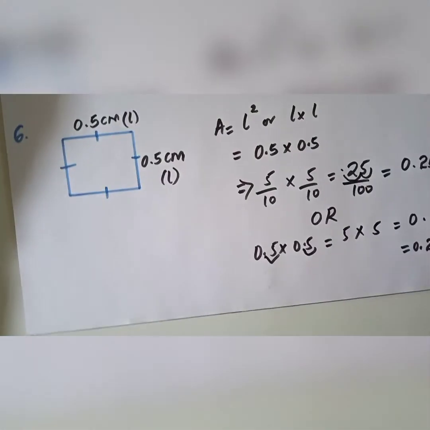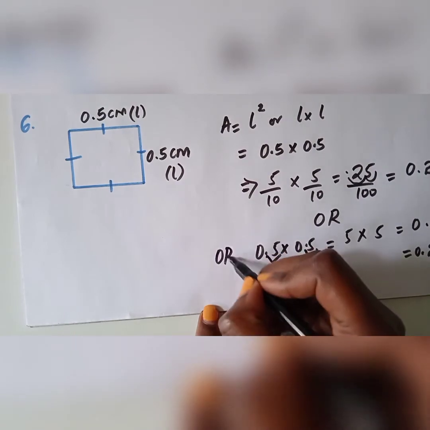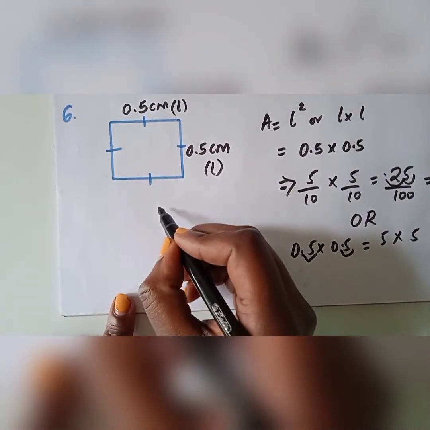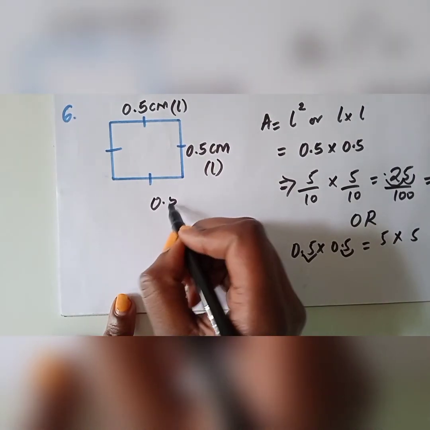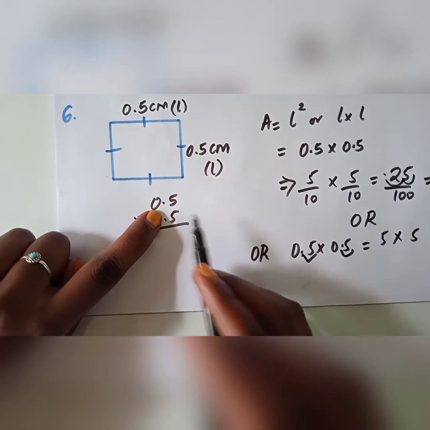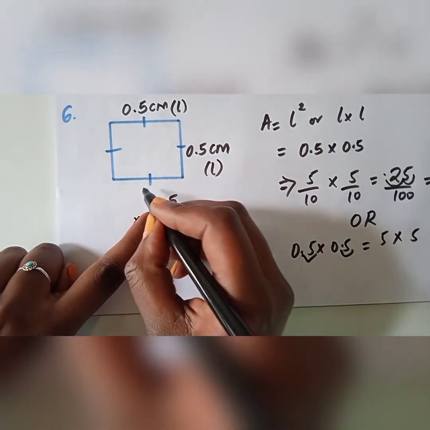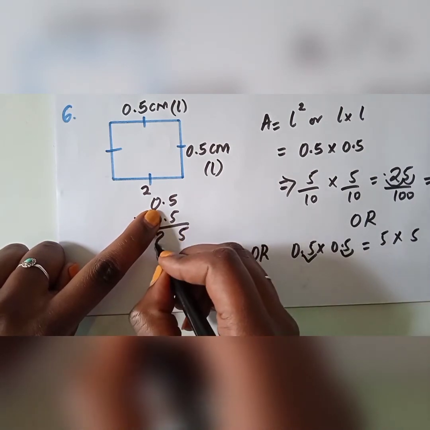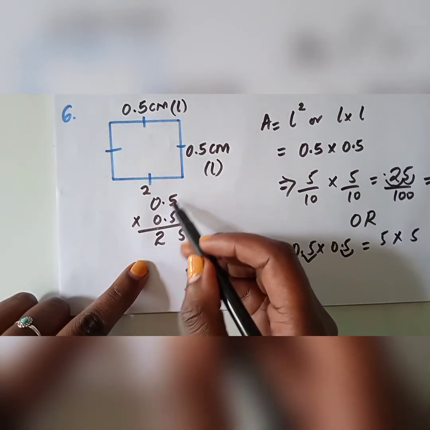Or, again, you can do long multiplication, though that one will take you longer. So 0.5 times 0.5, everything times 5. So 5 times 5 is 25, write 5 carry 2. Everything now multiplied by 0.